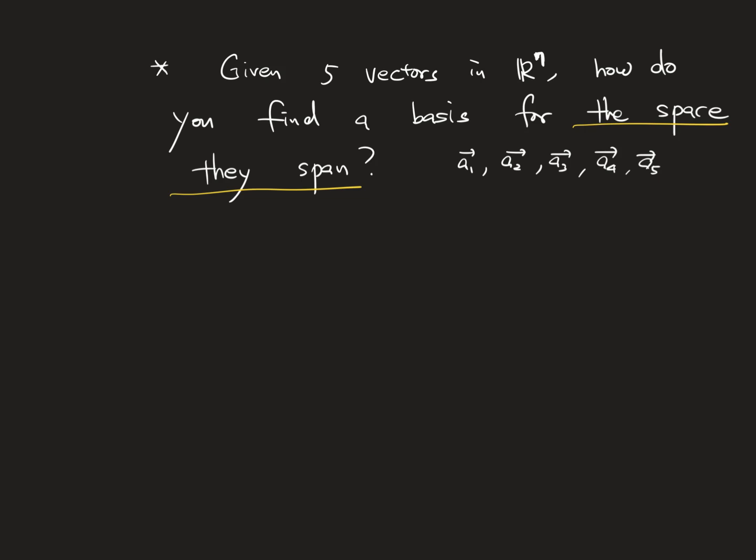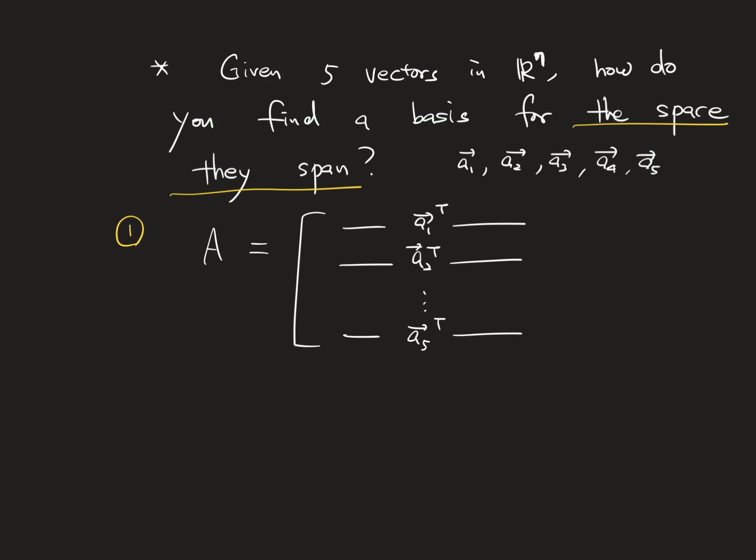It'll be 4 or 3, anything is possible. The first method is we write a matrix with rows A1 transpose, A2 transpose, and so on up to A5 transpose.